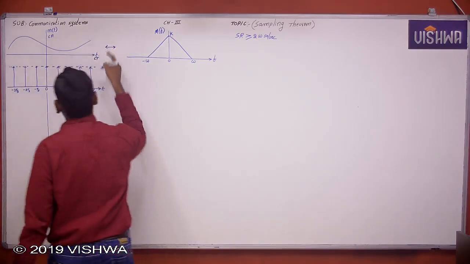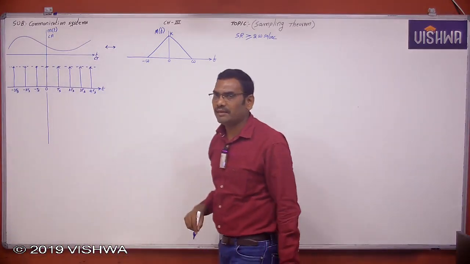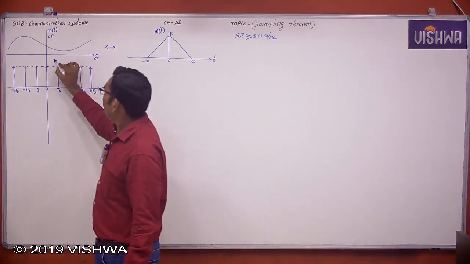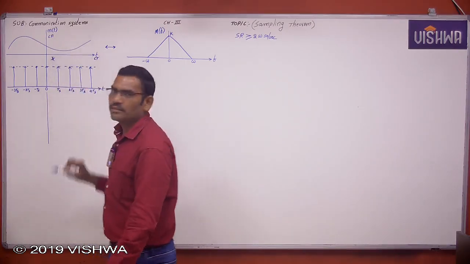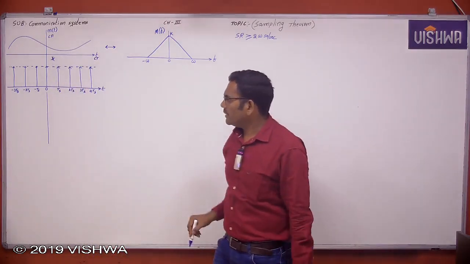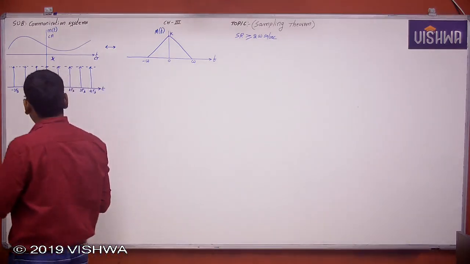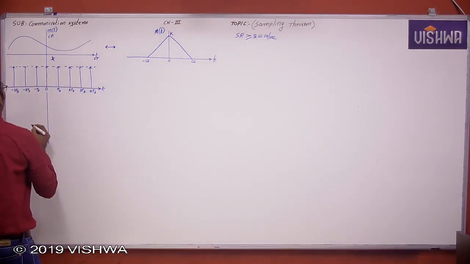Now this continuous in amplitude and continuous time signal is multiplied with an impulse train, and then it will be converted into samples.